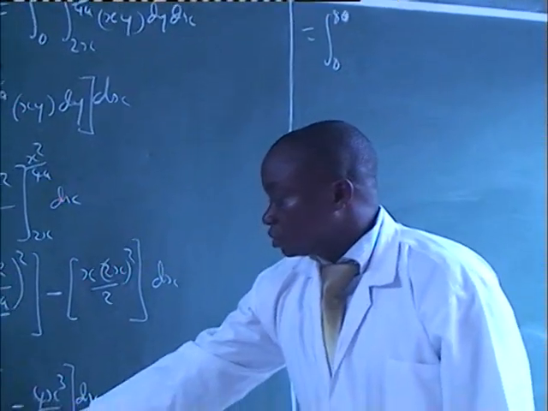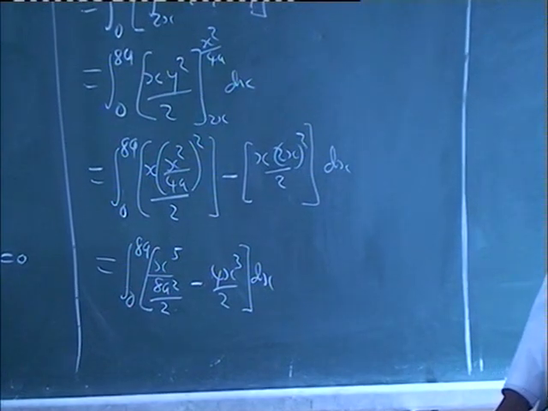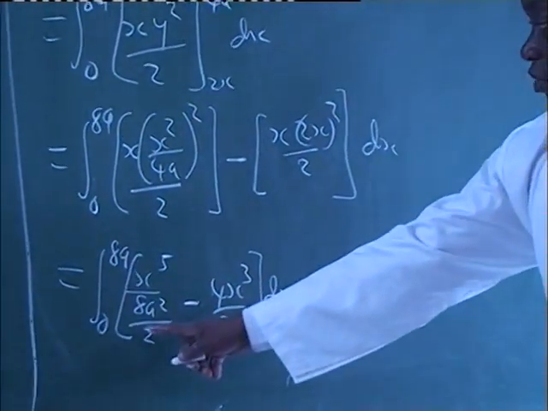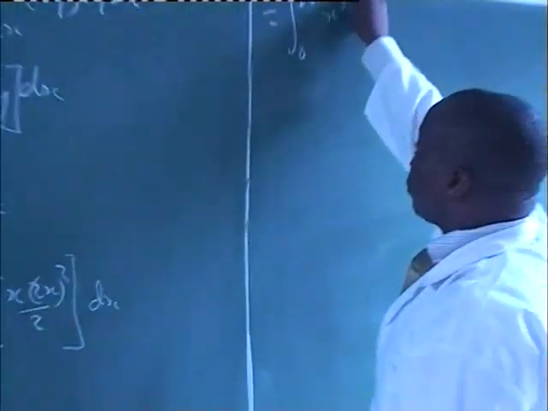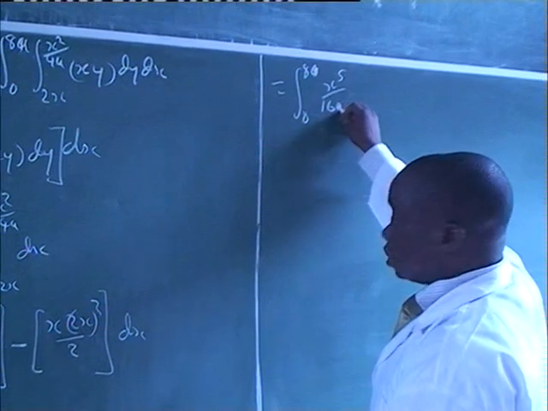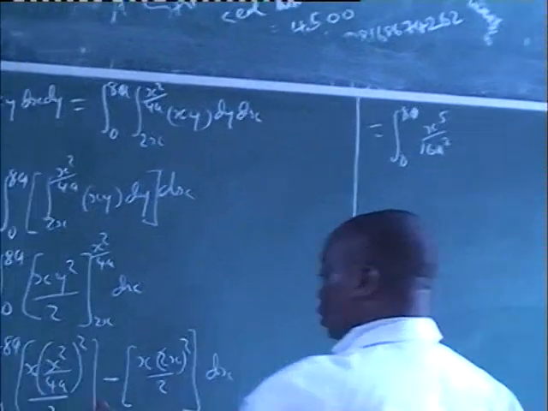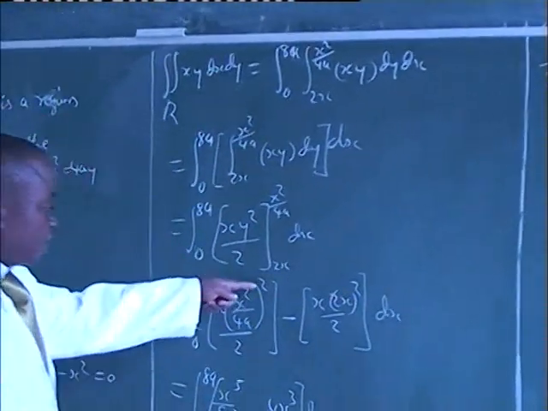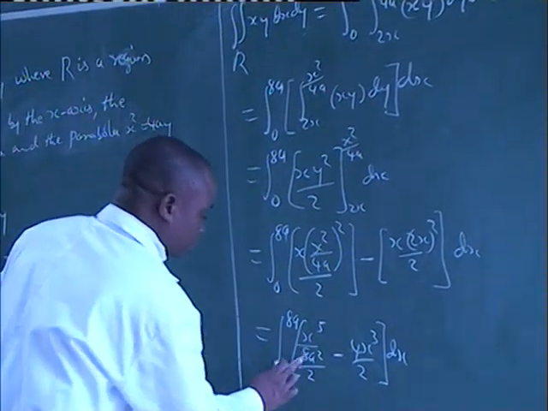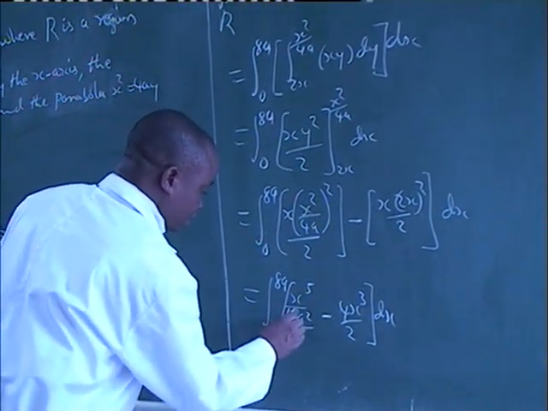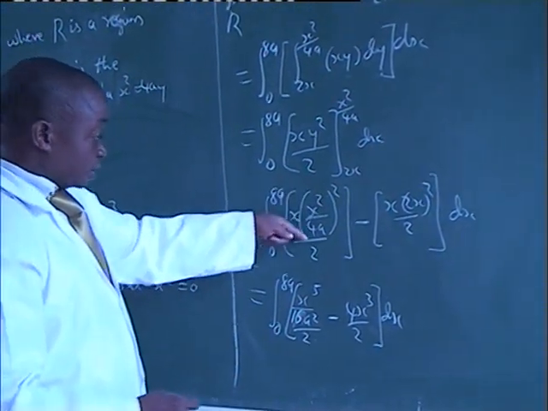Now this place, you can write as 16. That's what I see here. 16 a squared, that is x raised to the power 5 over 16a squared. Already here is 16. This is 16a squared, because this square gives us 16.